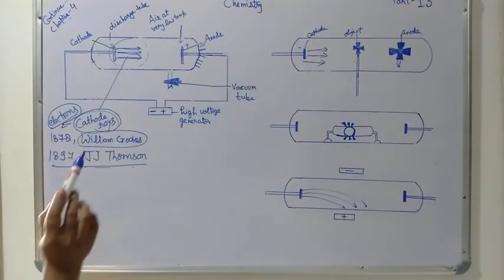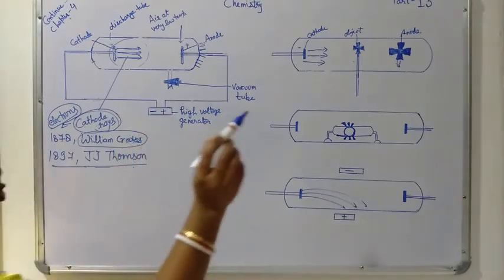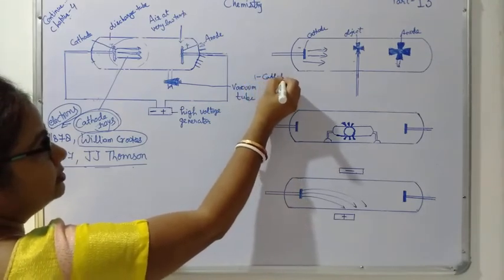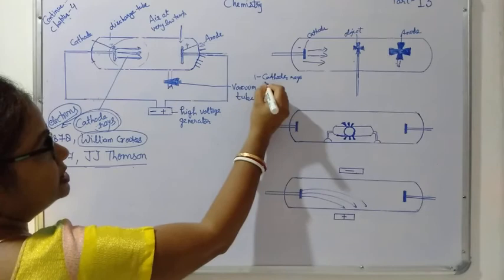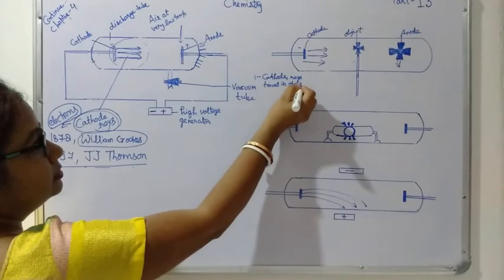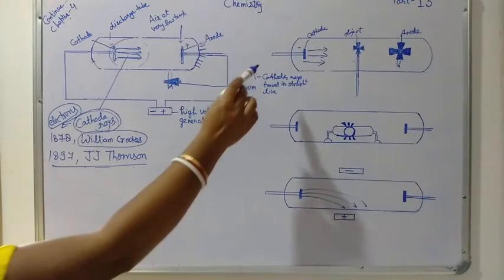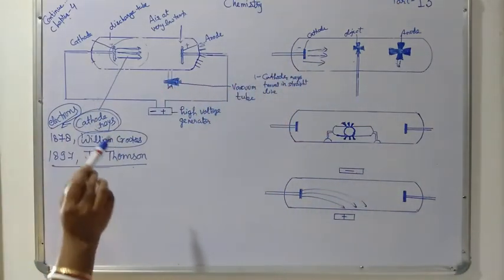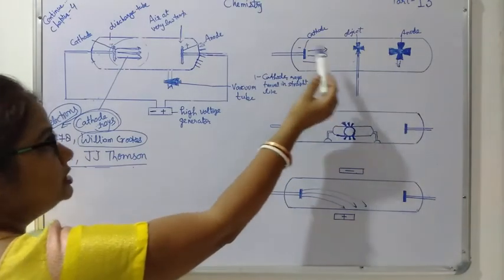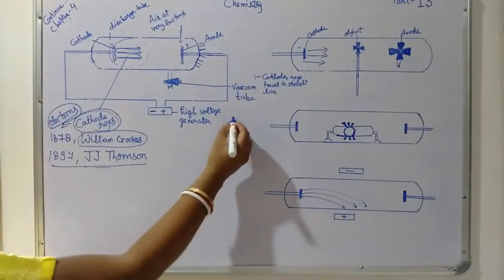So he proved that cathode rays travel in a straight line, and if we keep an object in the path of the cathode rays, it will cast a shadow just opposite of the cathode side. So this was the first experiment.